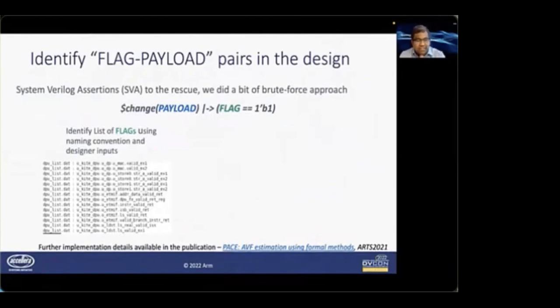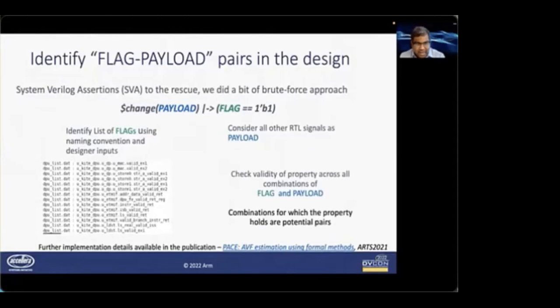So now we have a set of flags. And then we assume that all other signals in the RTL are payloads. With this, we ran these assertions to see all possible combinations that would satisfy this property. All these combinations that satisfy this property are potential pairs that we can claim are a link. And what is the benefit of this?